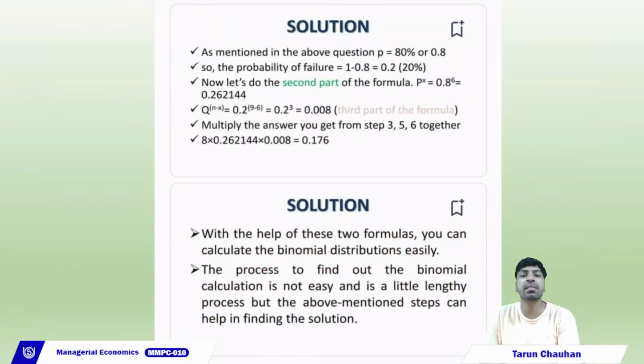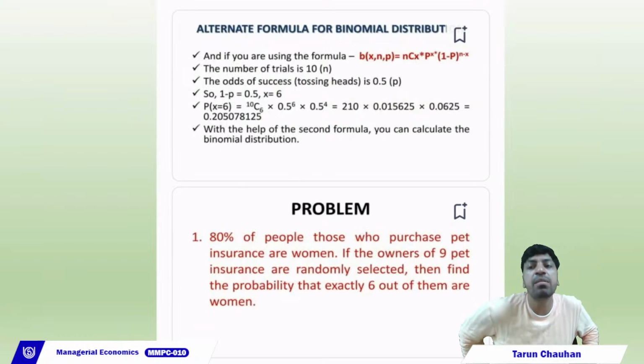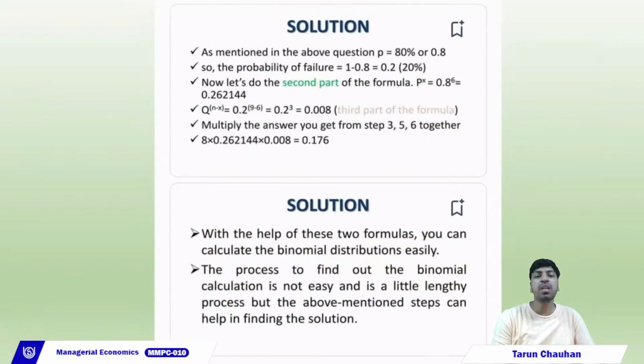So x is 6, and p is 0.8. Once you multiply 0.8 six times, you get the value 0.262144. These are parts of the formula. What is 1 minus p over here? It is q, to the power n minus x. So q to the power n minus 6: q is 0.2, n is 9, x is 6.